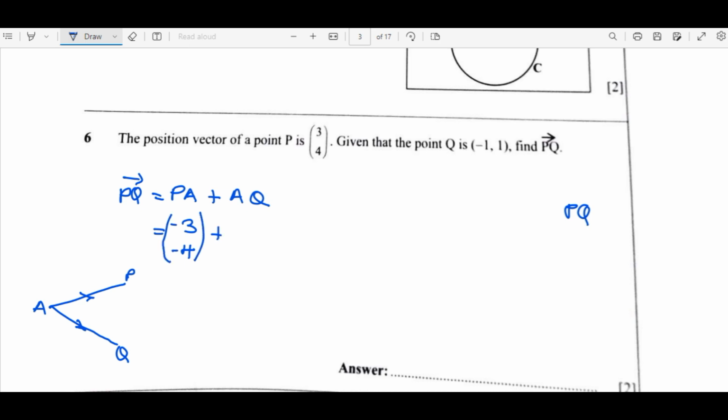Plus, and then we've been given Q, so we would say (-1, 1). So we can say negative 3 minus 1, and then also negative 4 plus 1.